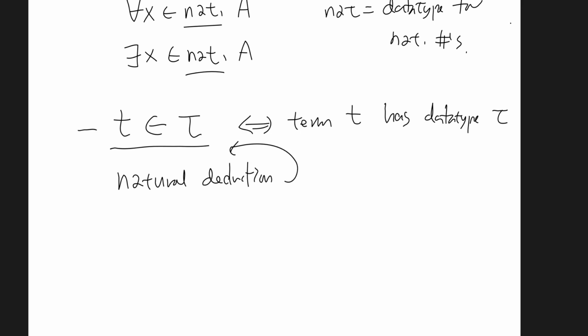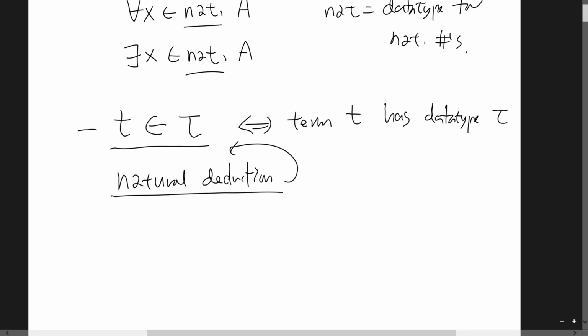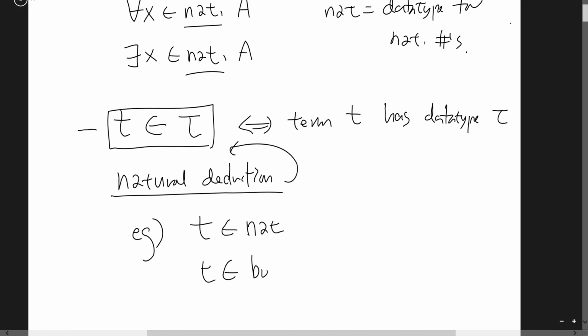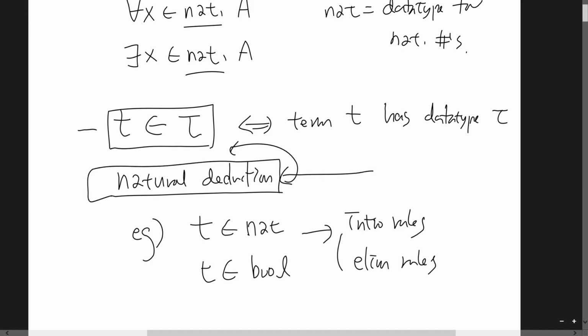So because we are going to use natural deduction for every judgment of this form, for example, term t belongs to data type nat, or term t belongs to data type bool, we will be formulating introduction rules and also elimination rules, because we'd like to use this natural deduction.